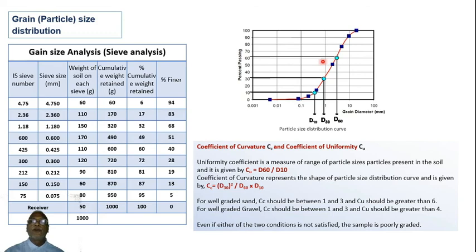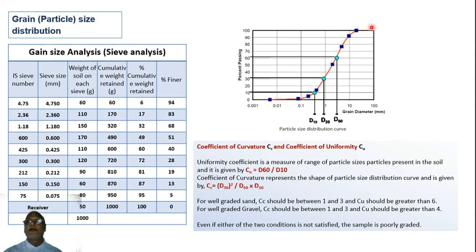Now when you have the graph drawn, care has to be taken here. The graph has to be drawn such that it passes through all these points. You cannot draw a smooth curve which is not passing through the points, because they are exact points.